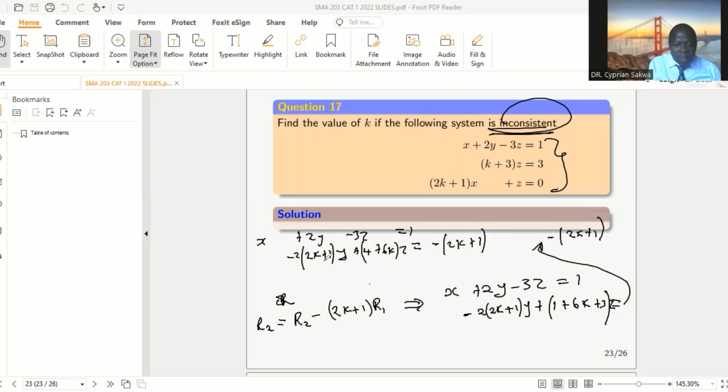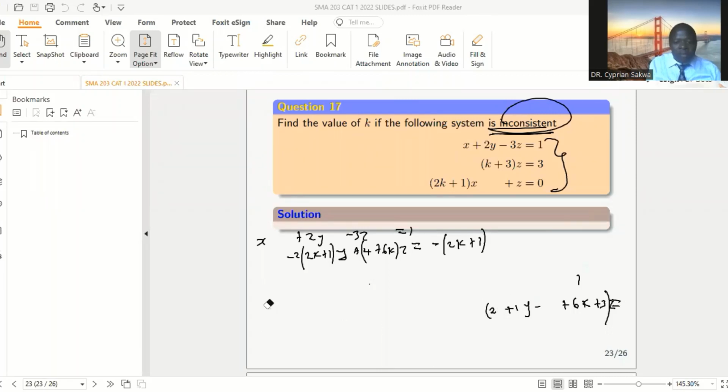I want to make this coefficient 1, which means I must divide the entire equation by the coefficient of y. And the coefficient of y, you can see, is negative 2 into 2k plus 1.